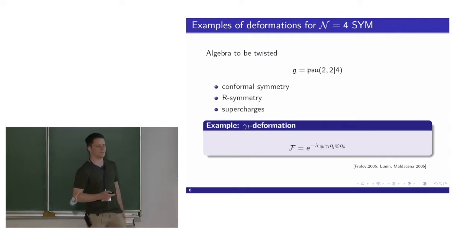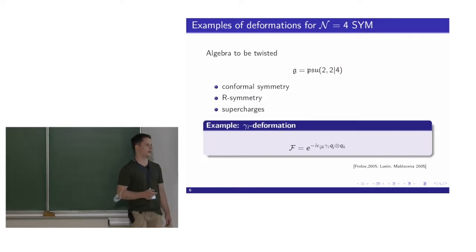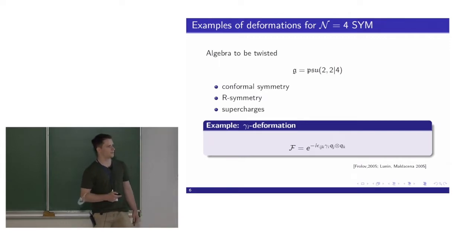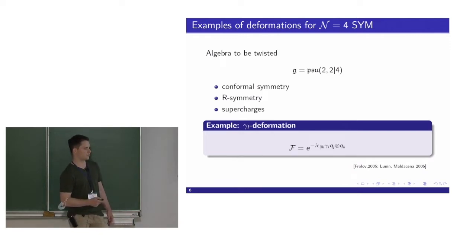For example, there's a well-known deformation of N equals 4 super Yang-Mills called the gamma-i deformation, and this can be obtained via a twist that lives purely in the R symmetry part. To explain the structure, we basically have three deformation parameters, these gamma i's, and the Cartan charges of the internal SU(4) symmetry.